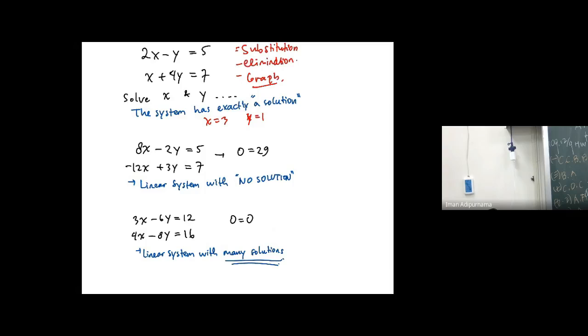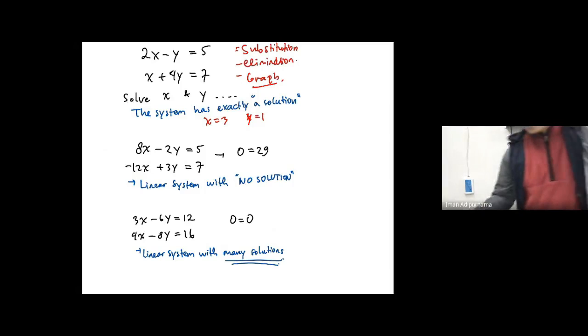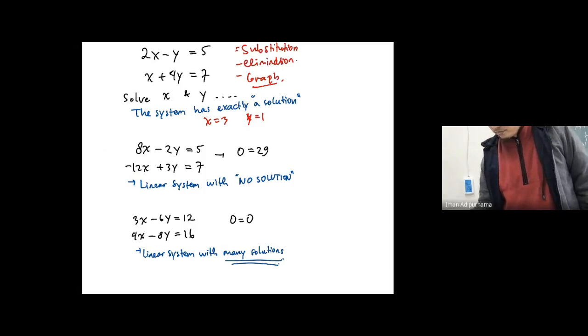As long as it's still linear, it's not polynomial, you can solve with substitutions, eliminations. And when you get this situation here, then you can conclude which one is the solution: no solutions, or infinitely many solutions. I will skip this.